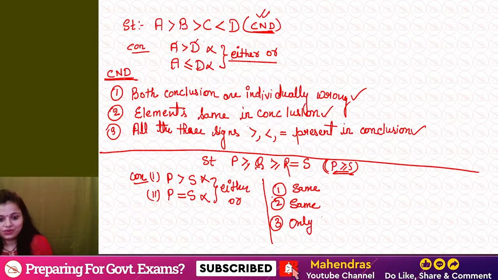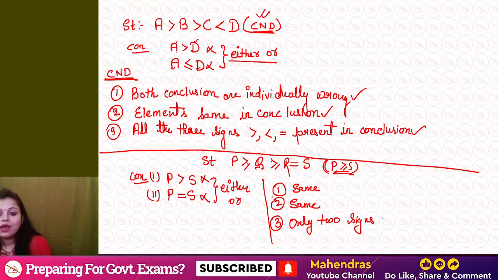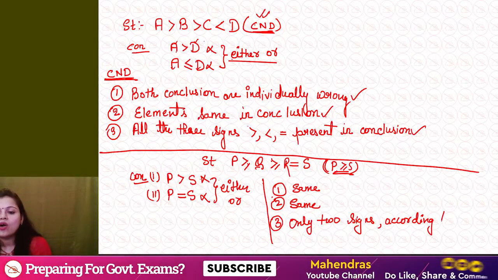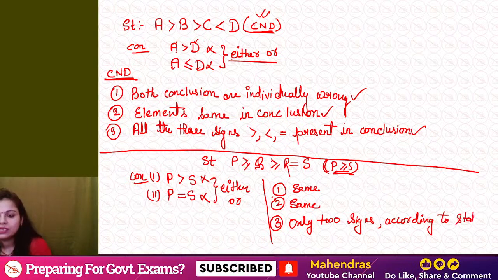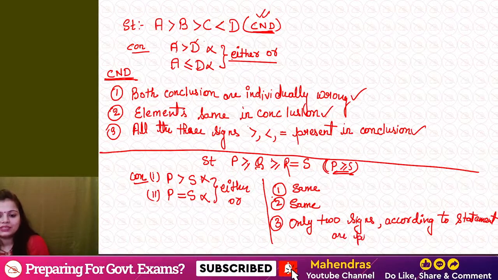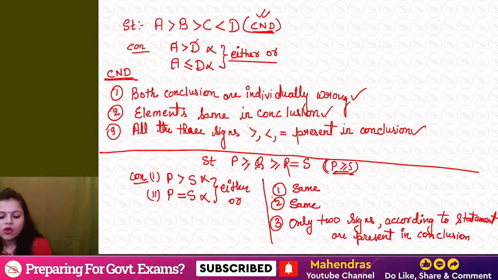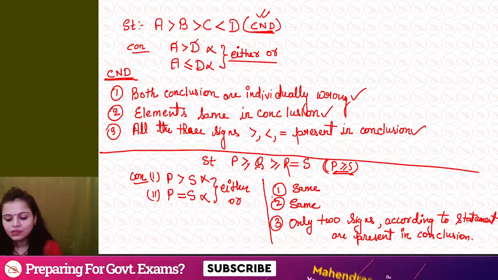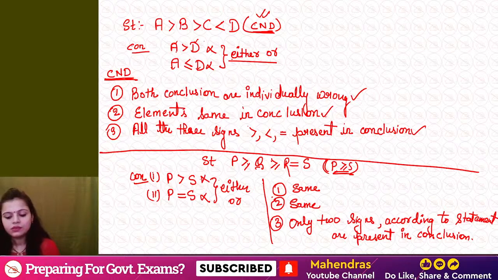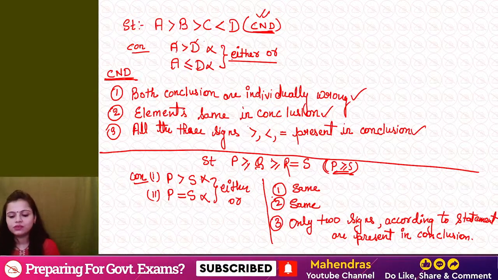Rule number 3 is only two signs, but according to the statement. Only two signs according to the statement are present in the conclusion.